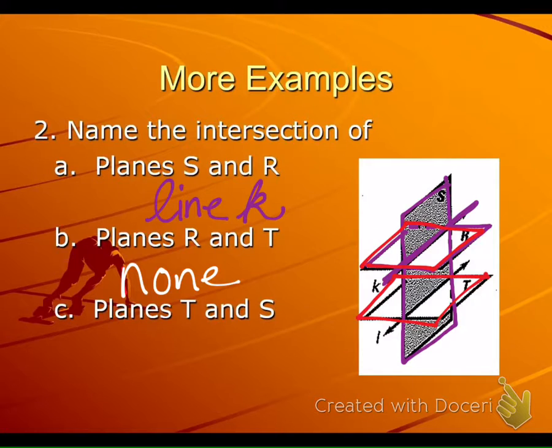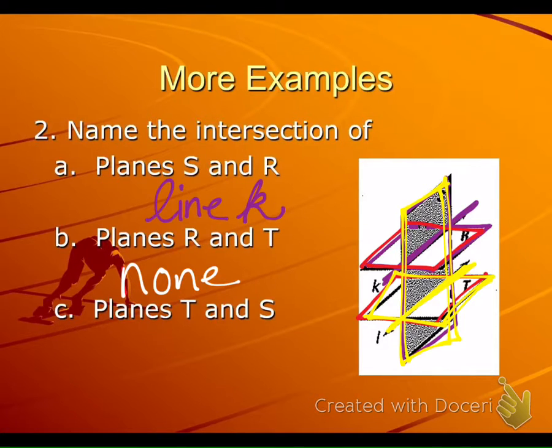All right, and then we have plane T, so the bottom plane. Can you see yellow on that? So plane T, this guy, and plane S, the gray one. Where do those intersect? Kind of like a floor, a ceiling, and a wall slicing through them.